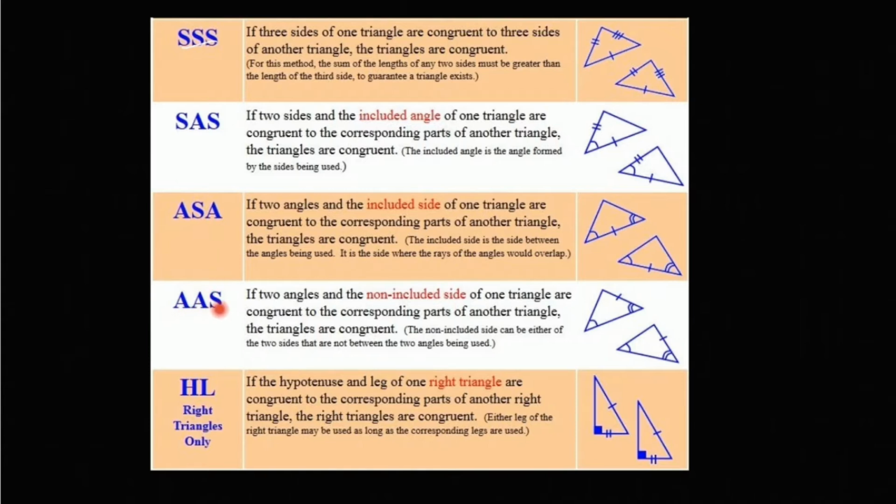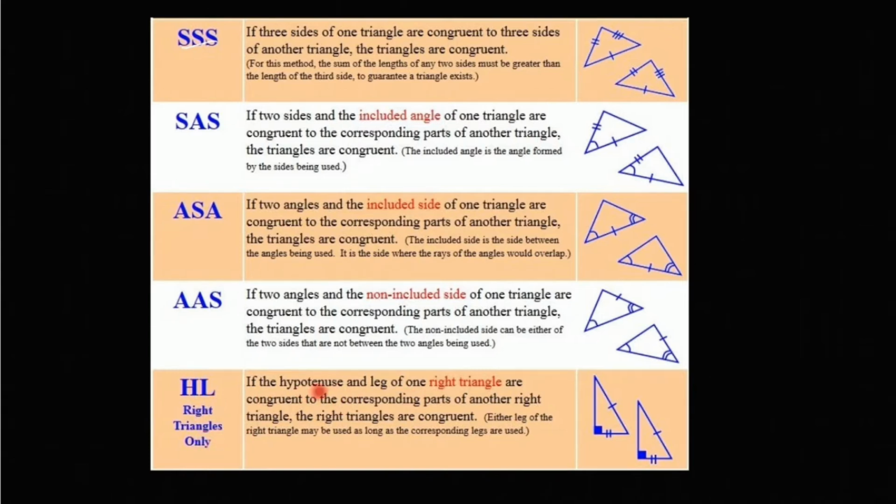Next, the AAS rule means angle angle side. Look at these two triangles. This angle equals this angle, this angle equals this angle, and the side here is not the included side, right? It's called the non-included side, and it is equal. So if two angles and a non-included side of one triangle are congruent to the corresponding parts of another triangle, the triangles are congruent. A special case is the right triangle, which we call HL.